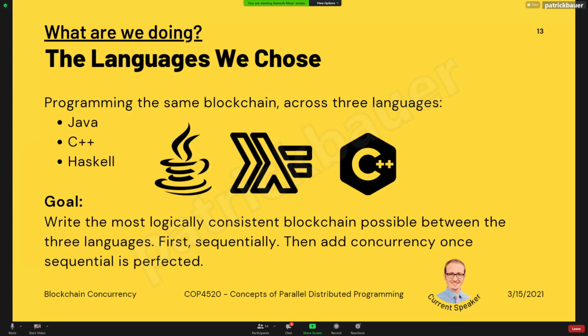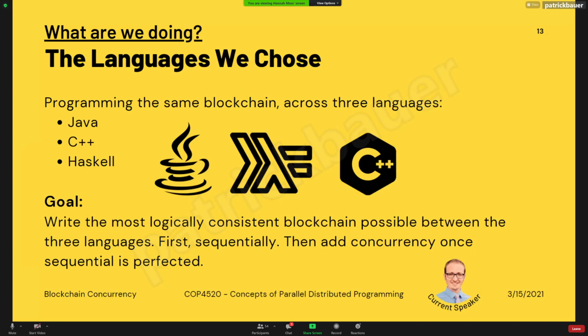What I can talk a little bit about is what I mean when I say that. We want the implementation of each blockchain to be as analogous as possible, considering the constraints we have between the differences of these 3 languages. It doesn't make much sense for us to try and compare blockchains among languages if the logic behind the implementation is completely different.